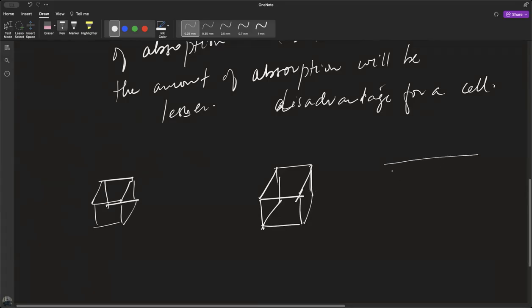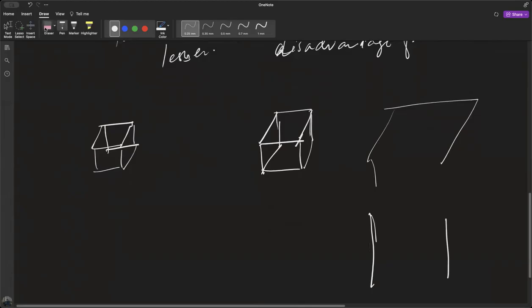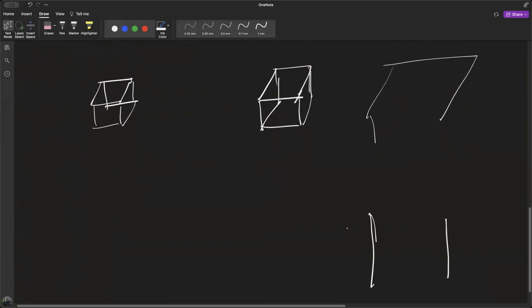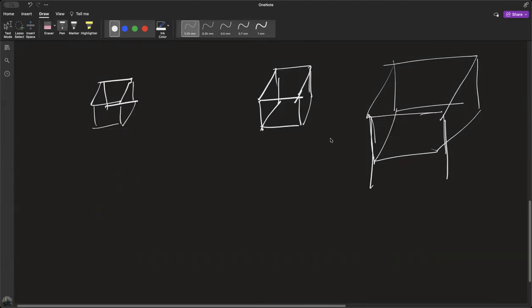And this is another cube that we have. The drawings are not very up to the mark and to scale, but just for our understanding, inshallah.